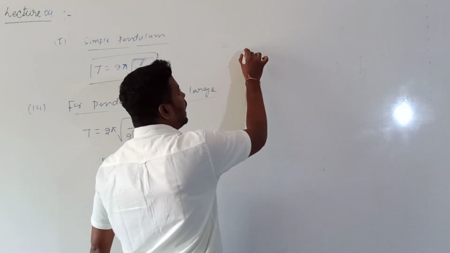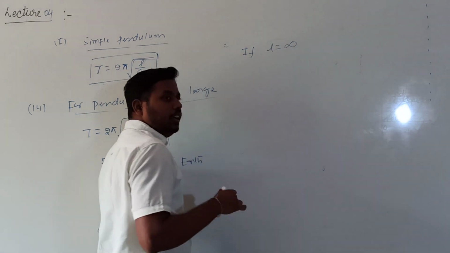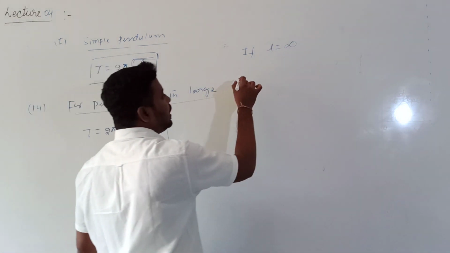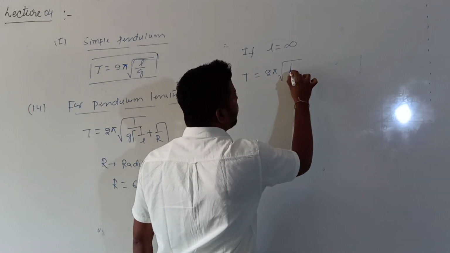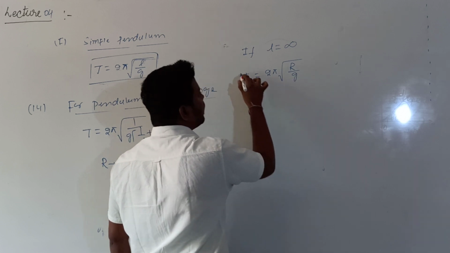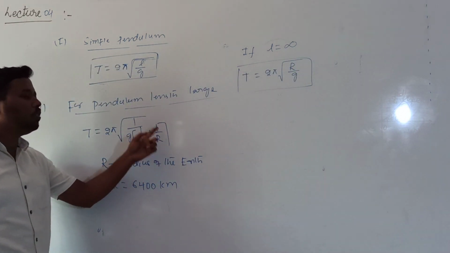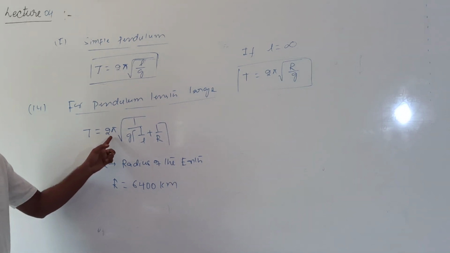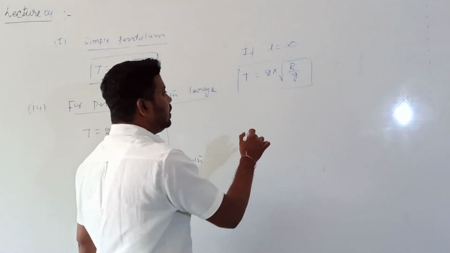If the L value is infinity, the length of the pendulum is very large, nearly infinity, then I get the formula T equals 2 pi into root over R divided by g, because 1 by infinity is 0 and R goes directly to the numerator. So T equals 2 pi into root over R divided by g.